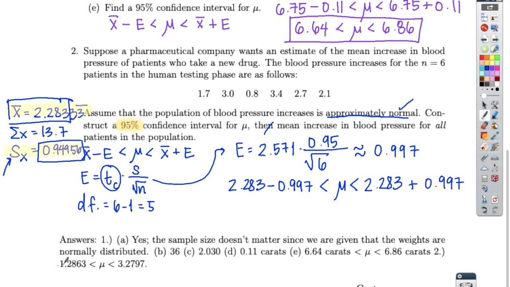And actually looks like in the answer they rounded it to 4, but whatever, I rounded it to 3. So 2.283 minus 0.997 is 1.286. So I am 95% confident that mu is between 1.286 and 3.28.